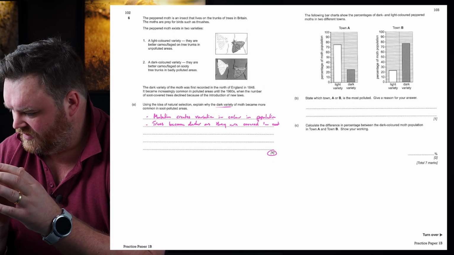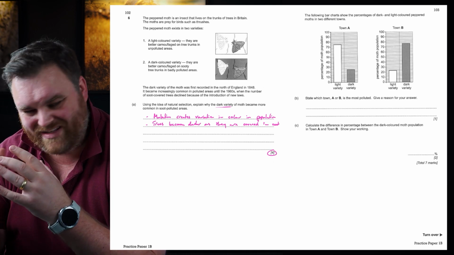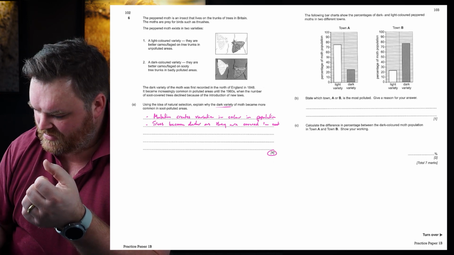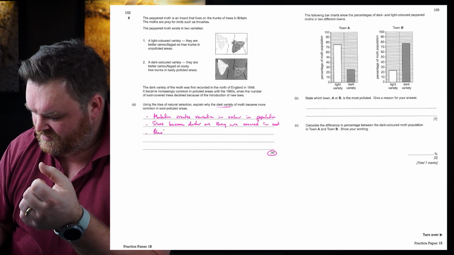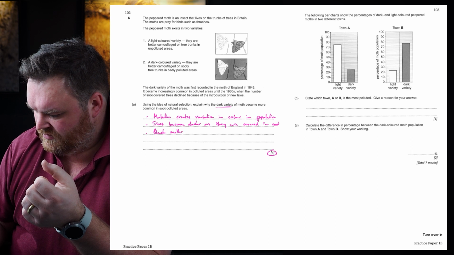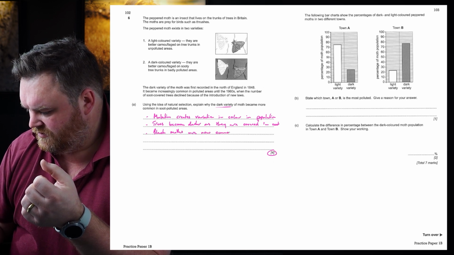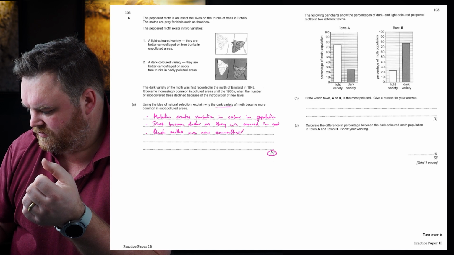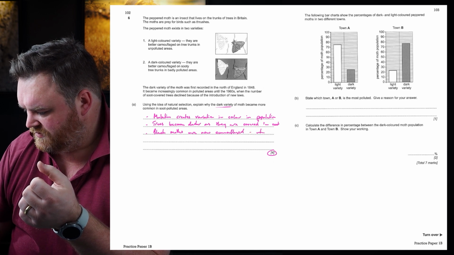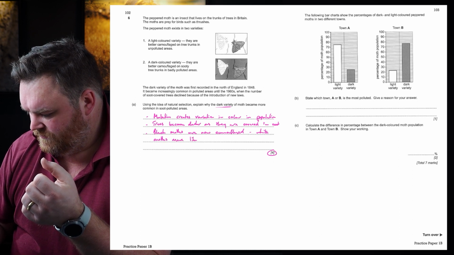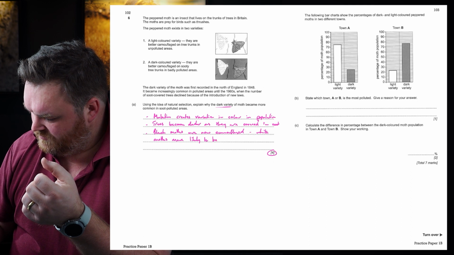So the idea here that now the white moths are more likely to be predated because the black ones have better camouflage. So we'll say the black moths are now camouflaged, and so the white ones are more likely to be predated.